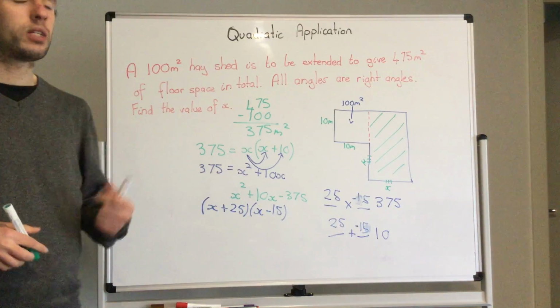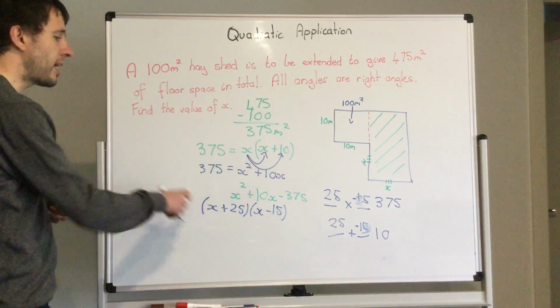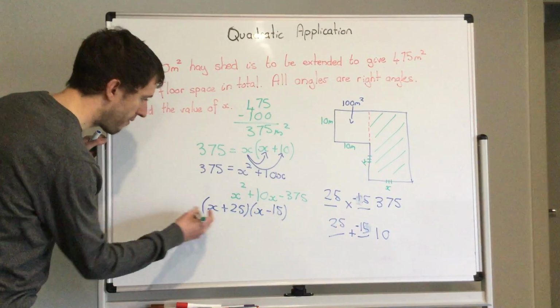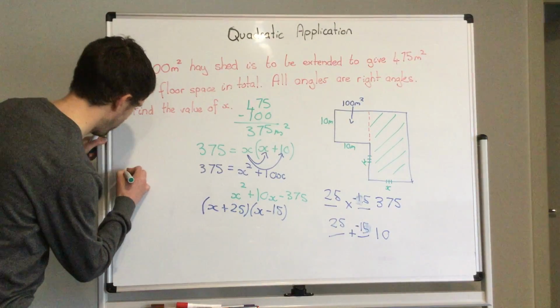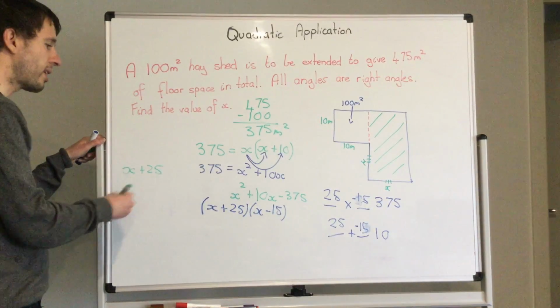So just remember how we solve for x, because if one side's 0, we're going to try and make each side 0. So to find this, I've got x plus 25. I want x by itself.